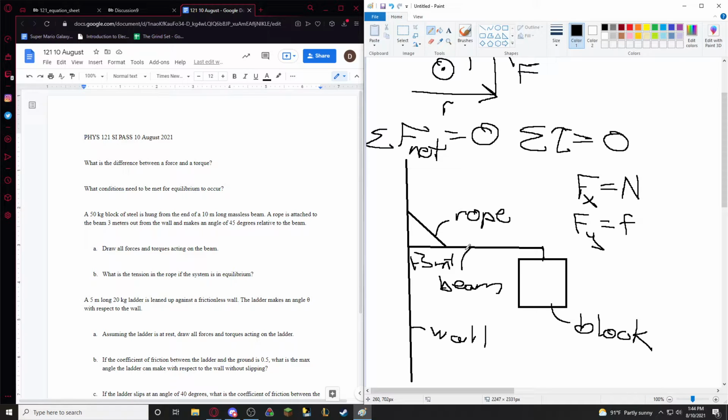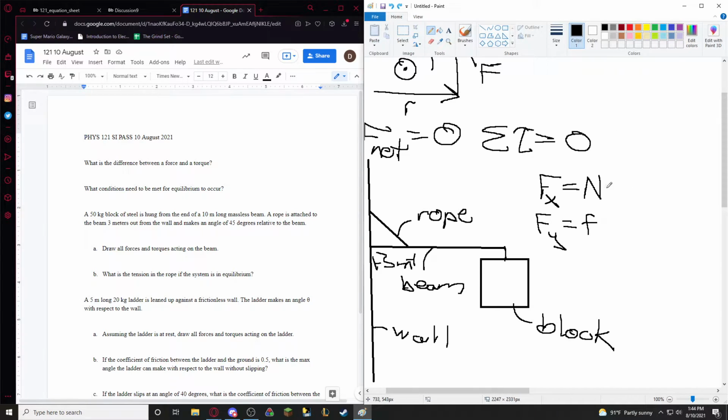So the tension in the rope, which is acting along the direction of the rope, can be broken into x and y components, right? Yeah. So we can write it as, in the negative x direction because it's off to the left, minus T times the cosine of 45. What's the cosine of 45?